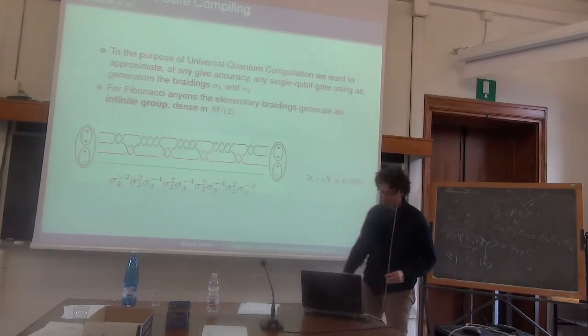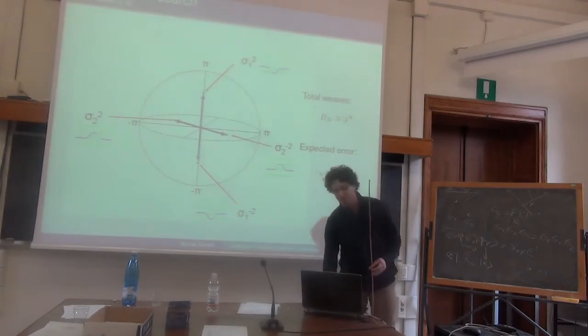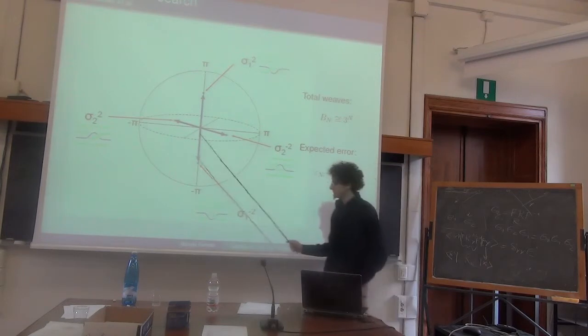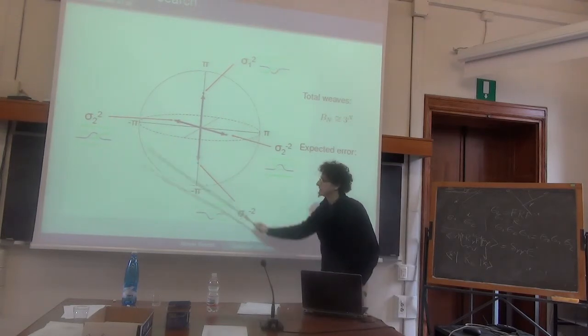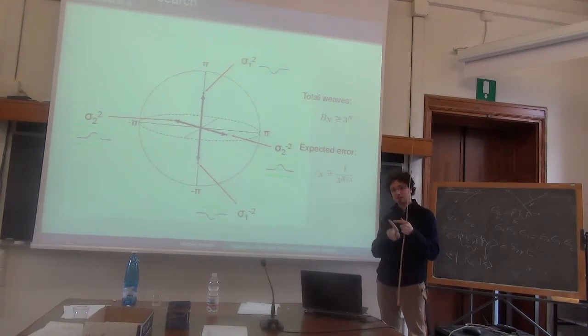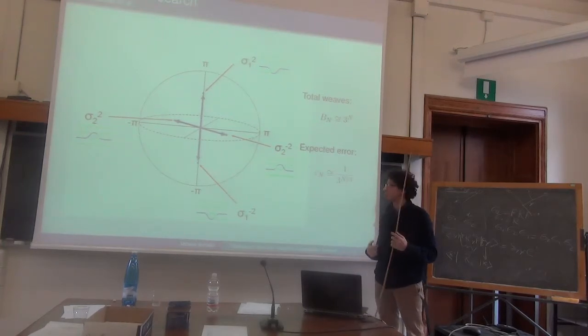Said otherwise, you must consider, so these are the squares of the operators that we were considering before, and this sphere represents SU(2) because SU(2) can be defined in terms of an axis and an angle of rotation.